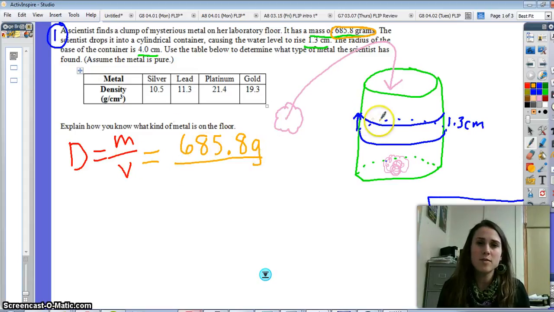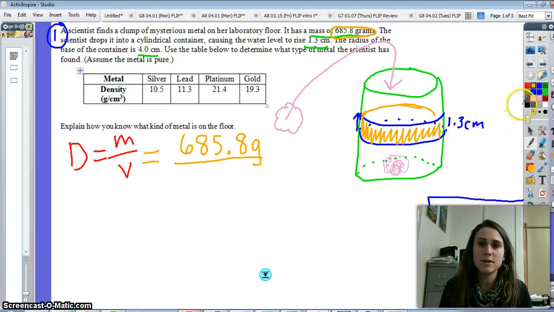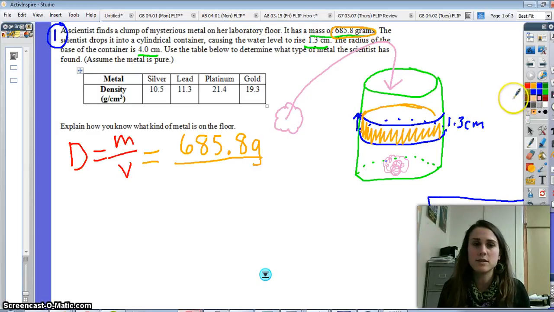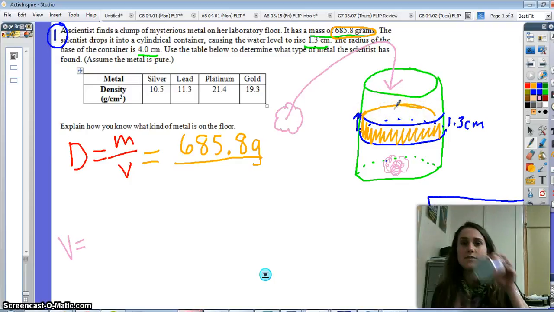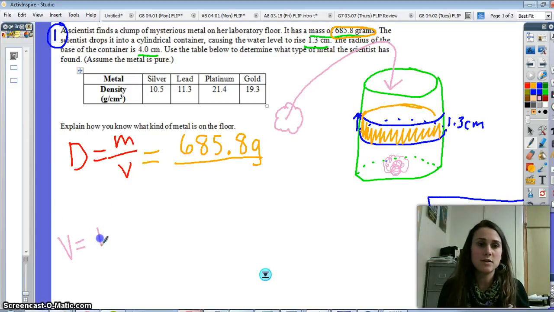Can I find the volume of the water that's displaced? Absolutely. Remember, this is like a little disk of water, a little cylinder that has a height of 1.3 centimeters. What else do I need to find the volume of a cylinder? Maybe I'll write this equation down here. Volume of a cylinder equals area of the base. I have a circular base. Remember, cylinders have circular bases, so I know the area of a circle is pi r squared.